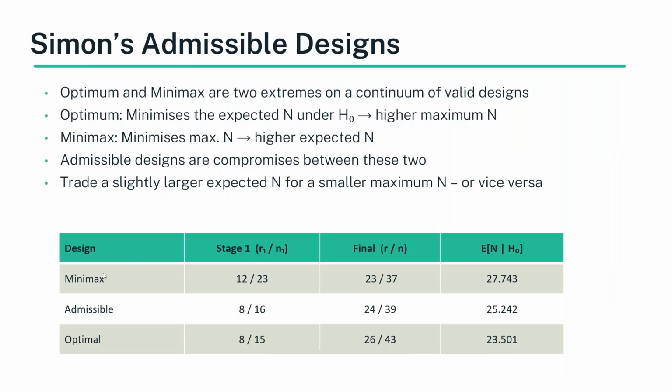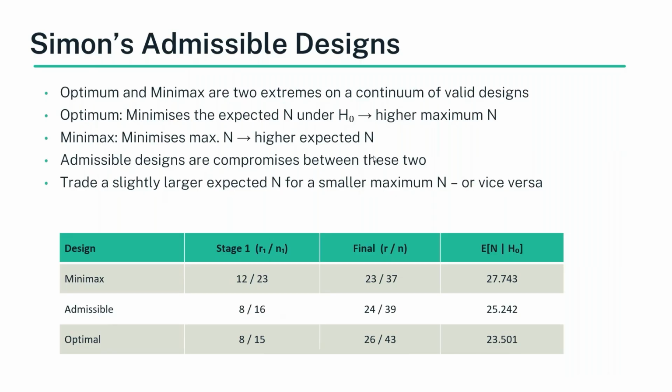As we discussed, the minimax and the optimum are two kind of extremes. The optimum minimizes the expected sample size under the null, which allows for a higher maximum sample size, whereas the minimax minimizes the maximum sample size, which can result in higher expected sample size compared to the optimum. So this is where the admissible designs can come in.